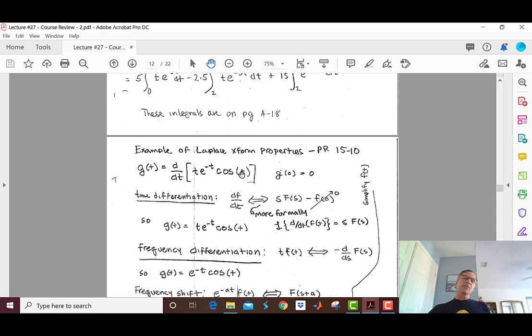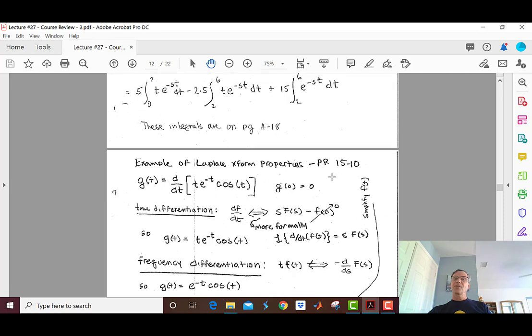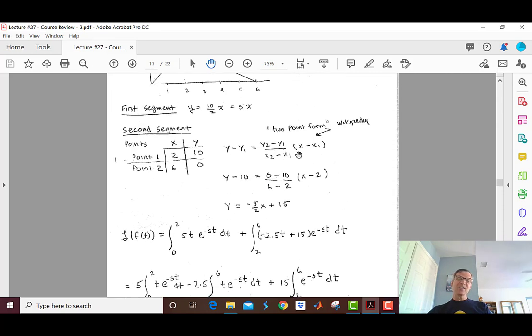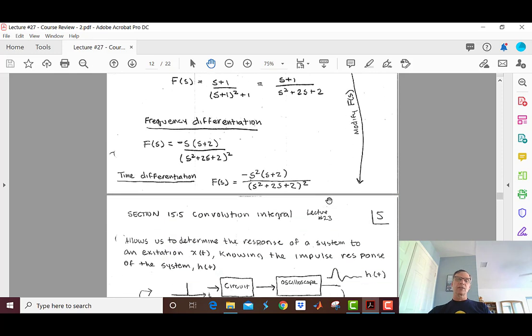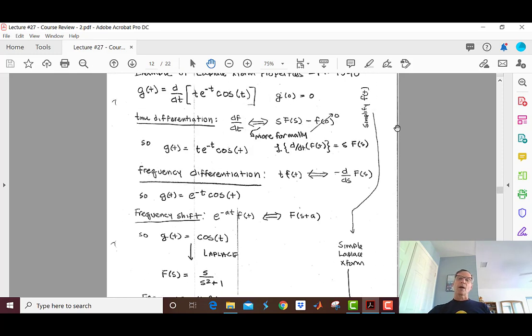But what I typically do is I just boil stuff down using the properties until I get something simple. So I spend a lot more time using the properties than I do Laplace transforms. Gotta be honest, I don't typically integrate, but you gotta be ready to on the final because this is EE 310. So that's our problem with the properties.